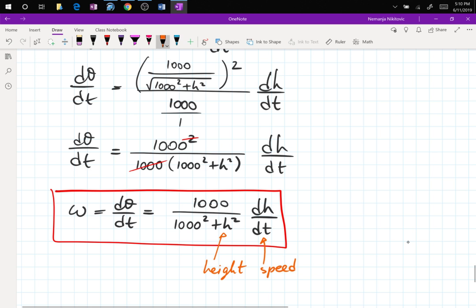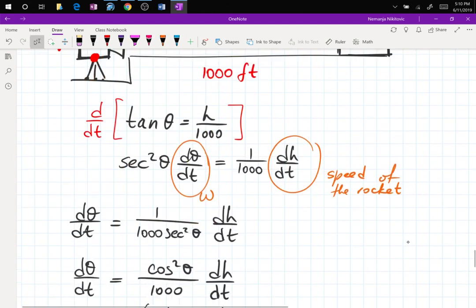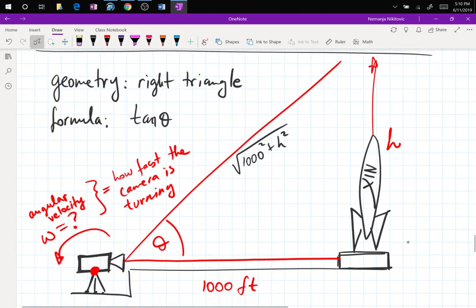You can't just put any speed, because the rocket is going to shoot and speed up. When the rocket is close to the camera, the camera needs to spin faster, and when the rocket is really far away from the camera, the camera will turn very, very slowly.